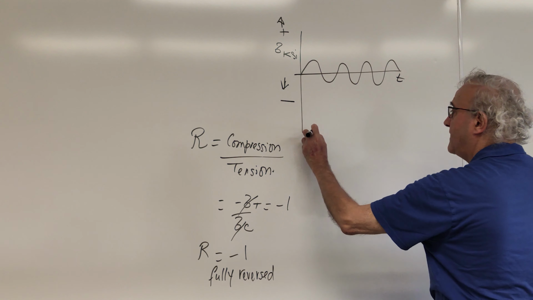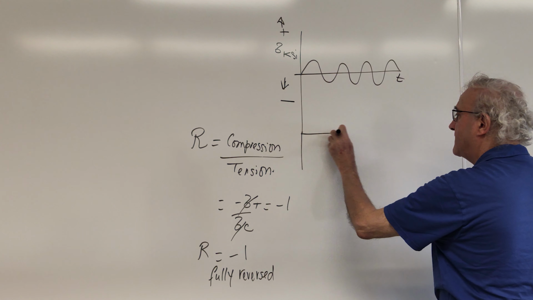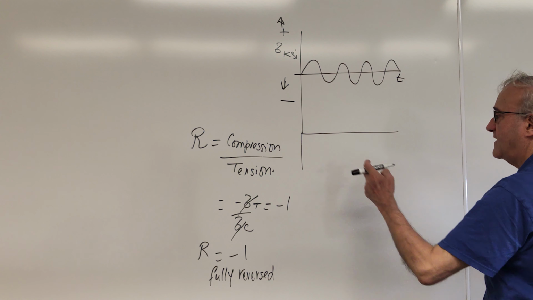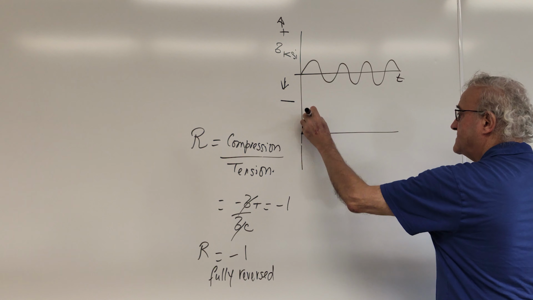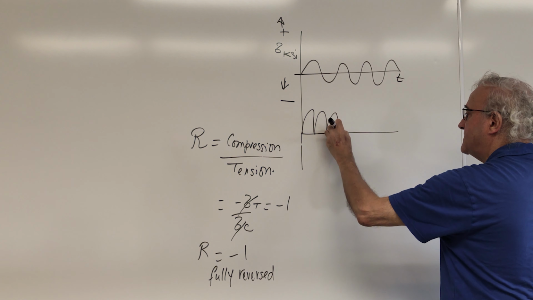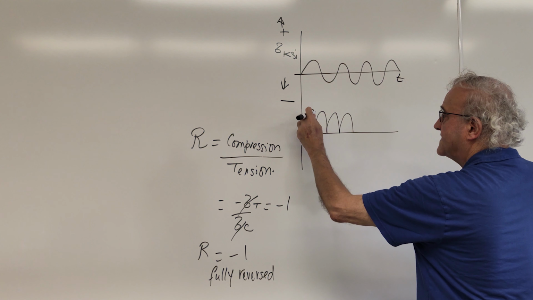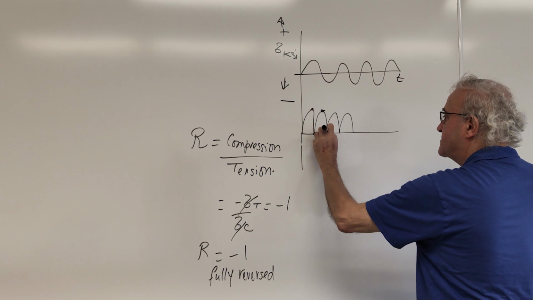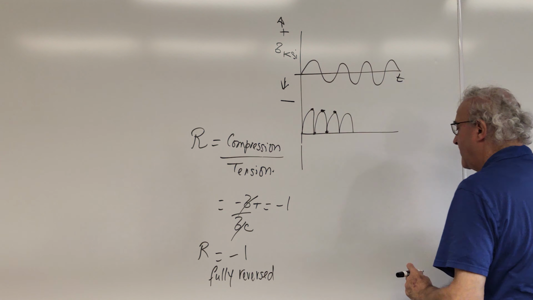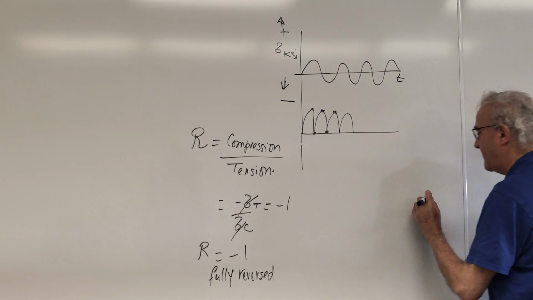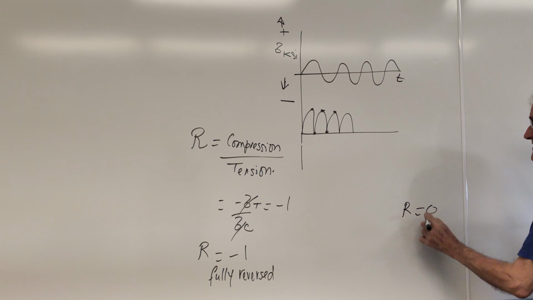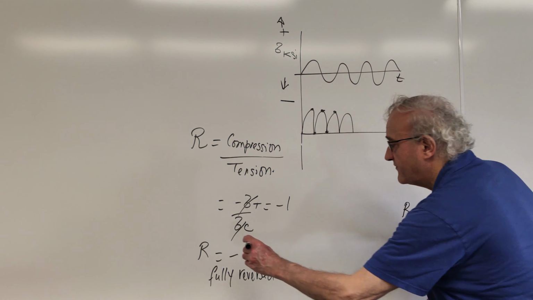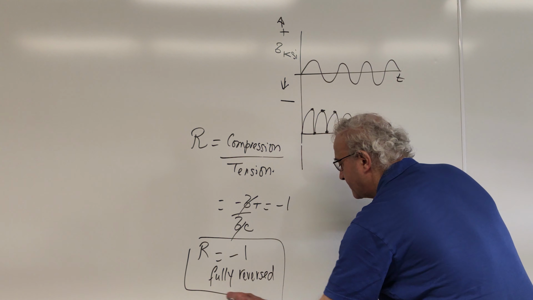Also, you can have a different phenomenon. You can have something which is like having tension 0, tension 0, tension 0, tension 0. There is still a cyclic behavior because you go from 0 to tension, to 0 to tension, 0 to tension. And as you have guessed correctly, that R here is 0, because there is 0 compression divided by a value for tension.